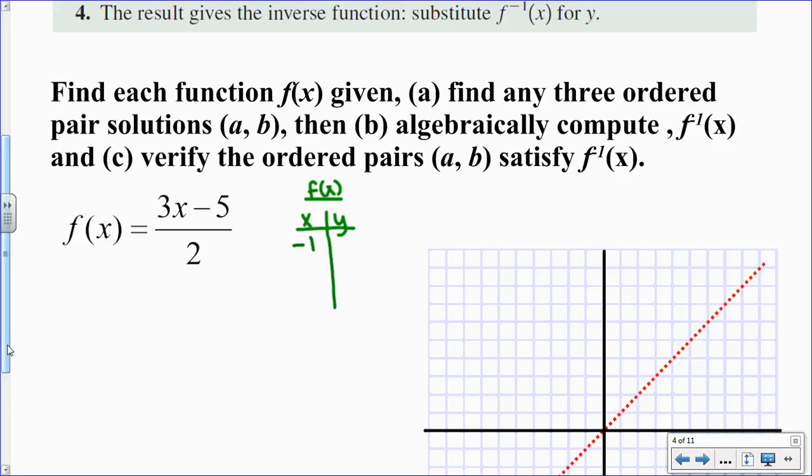I'll just do -1, 0, and 1. Plug in -1, 0, and 1. So I should get -4, -5/2, and -1.